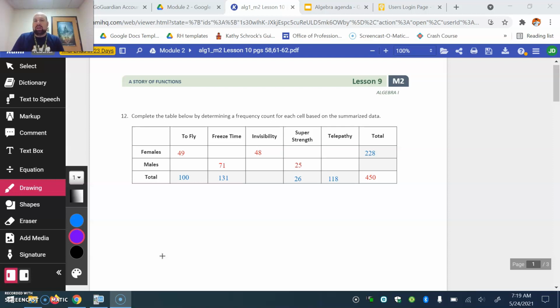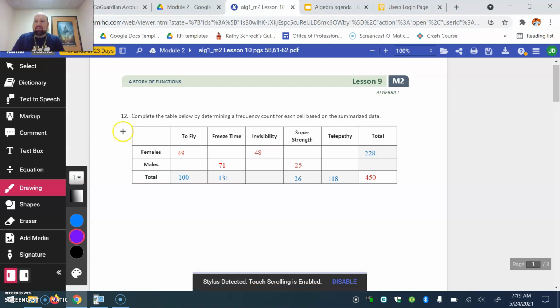So this is a two category table. And this is what we would call bivariate data. There's a few different variables here. You'll notice going vertically, we have gender, male and female.